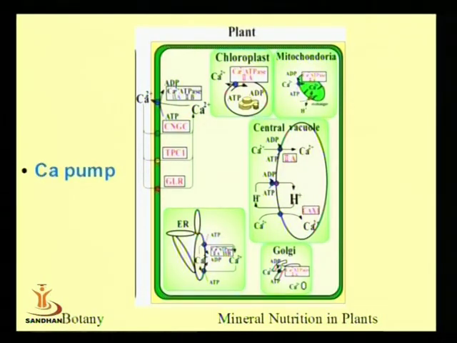There is a calcium pump in the human body also, and even in the plant, and this calcium pump is helping in the transportation of many other minerals and components. It is associated with ATP, and with transportation in chloroplast, mitochondria, central vacuole, Golgi body, endoplasmic reticulum, and so on.